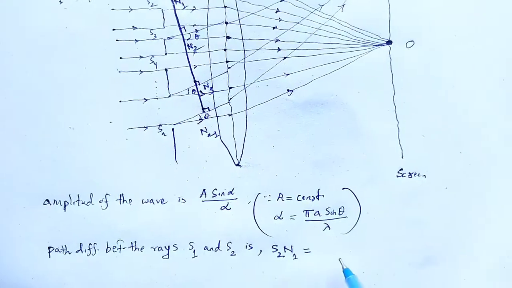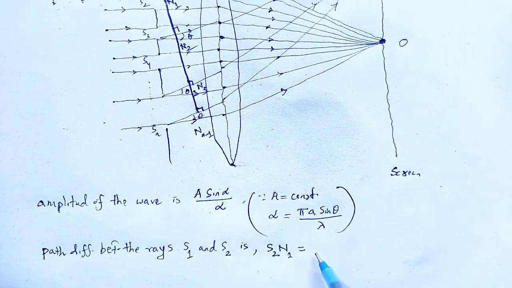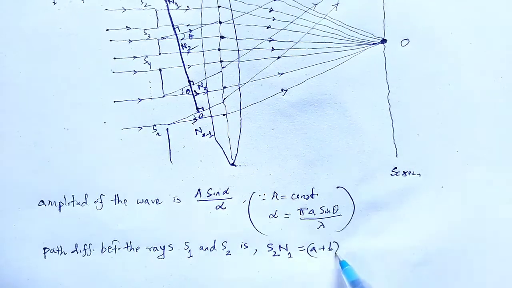So, the path difference is a plus b sin theta.